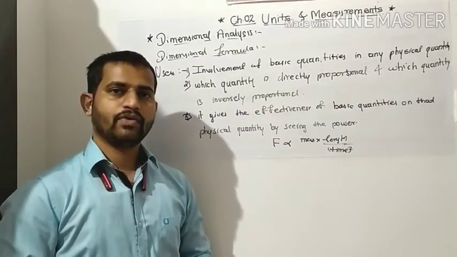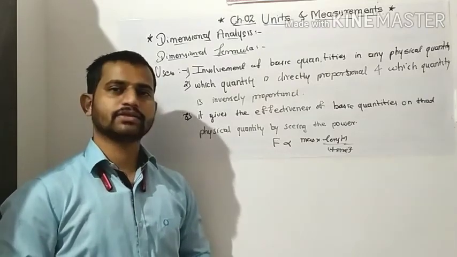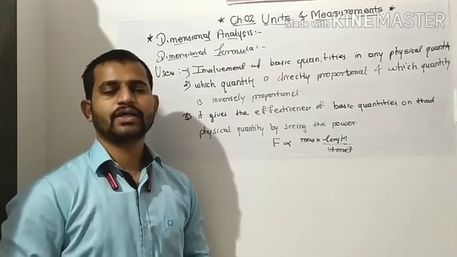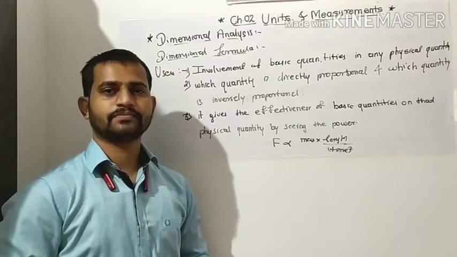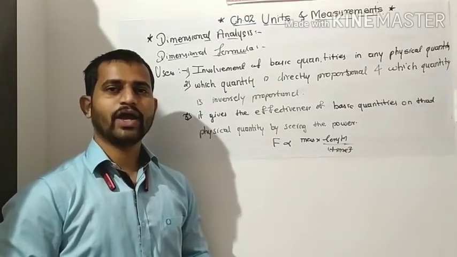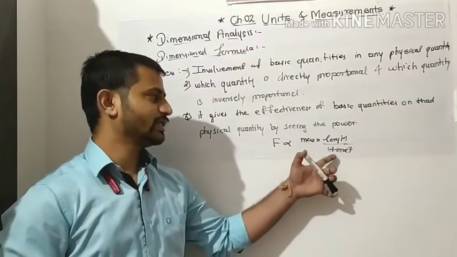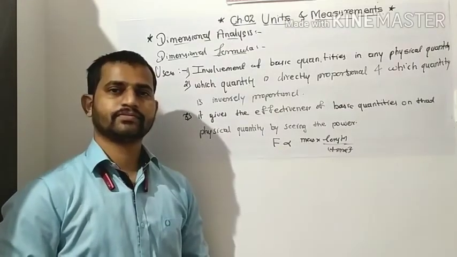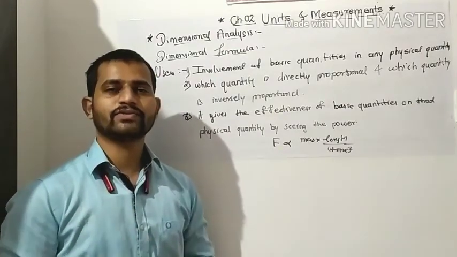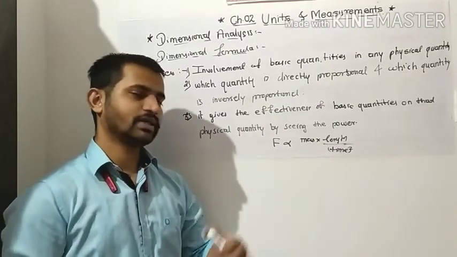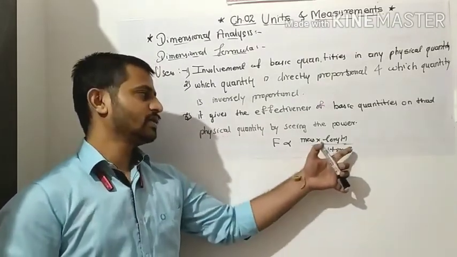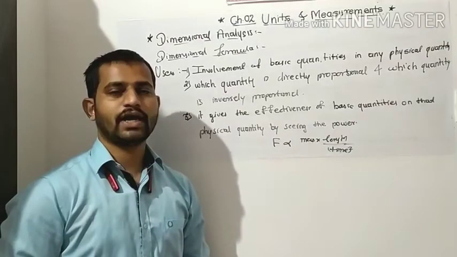We can decrease the time or increase the mass, then we get more force. Or if we have to reduce the force, we have to increase the time. The time raised to 2 gives us the idea about this.